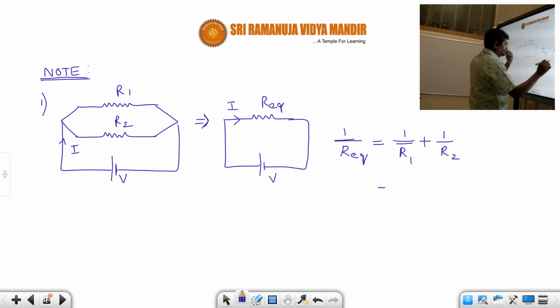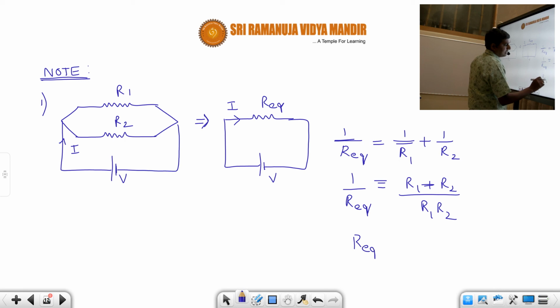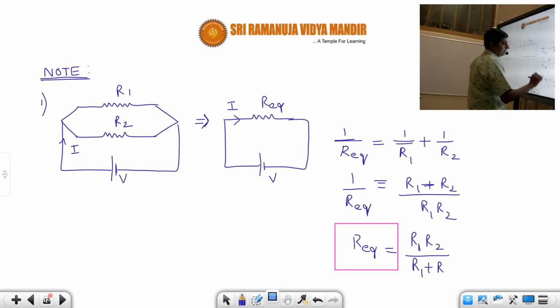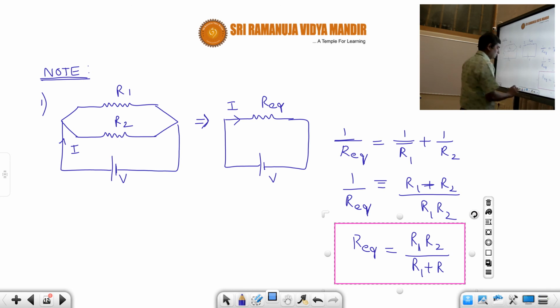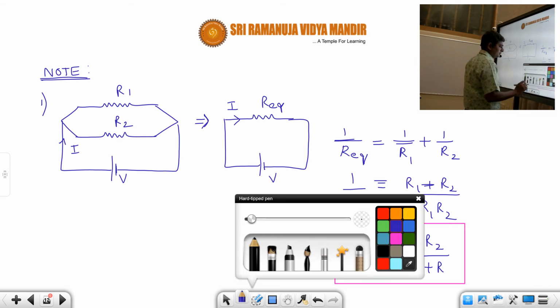If you take the LCM, R1 R2, we get R1 plus R2, of course R2 plus R1, that is equal to 1 by R equivalent. So I can write R equivalent is equal to R1 into R2 by R1 plus R2. Again, this is one of the very important formulas which you should learn by heart, students.